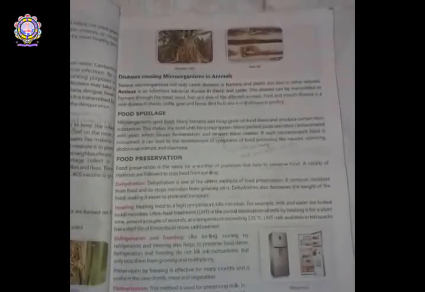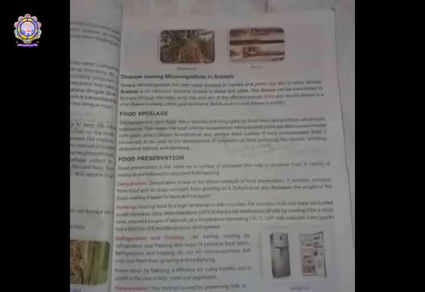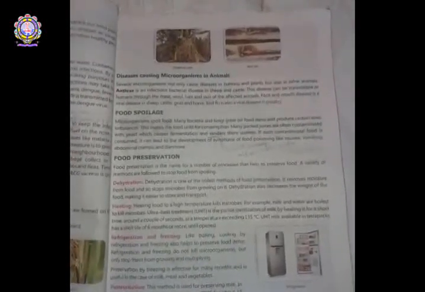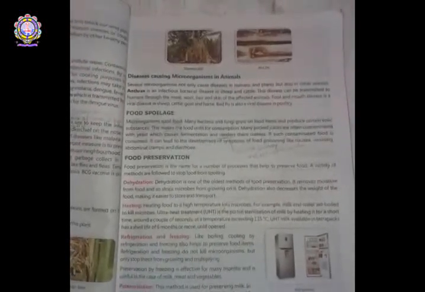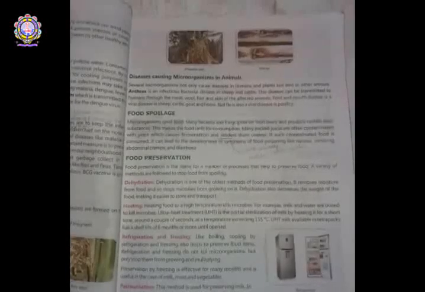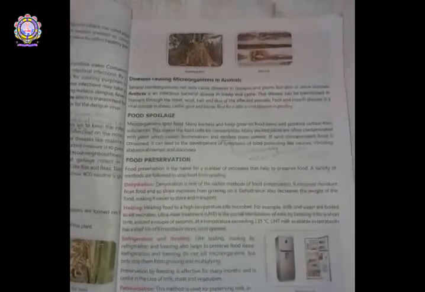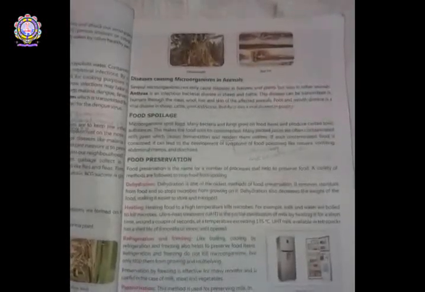These bacteria or fungi make the food unfit for consumption. Many packed juices are often contaminated with yeast, which causes fermentation and renders them useless.